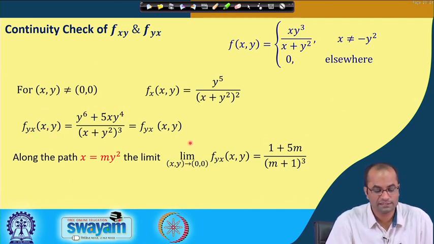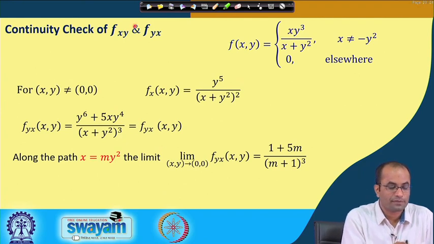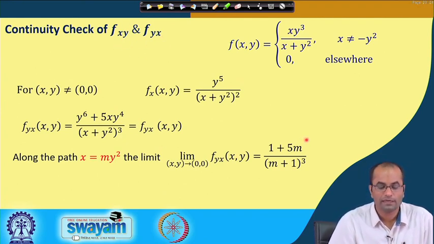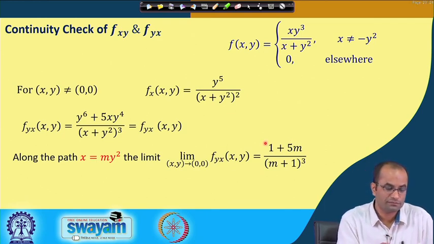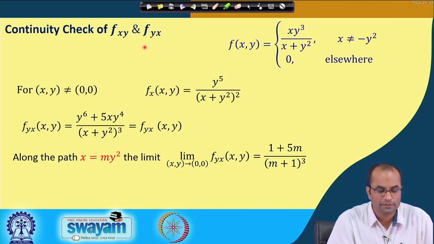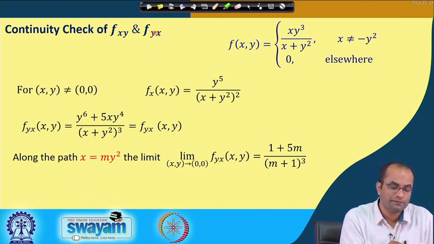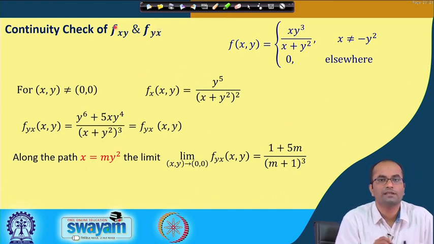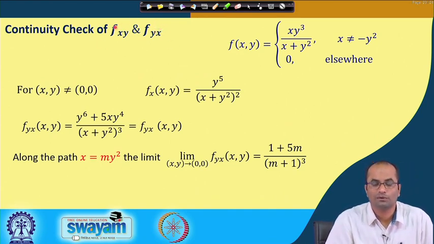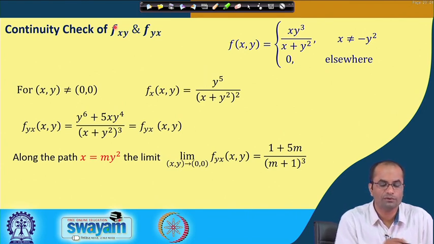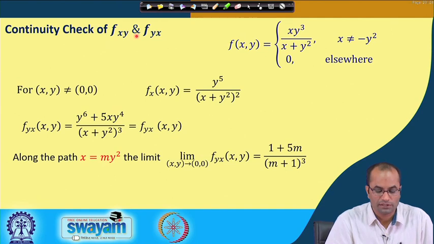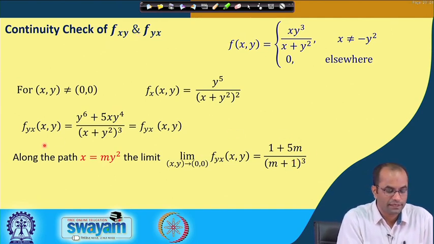So, in this case the partial derivatives either f_xy or f_yx are not continuous, which was clear because those values were not the same as we have observed, and we know the result that if these two derivatives are continuous, then the values should be equal. So, the value was not equal at 0. So, naturally these functions are not continuous, which is clear again from here.